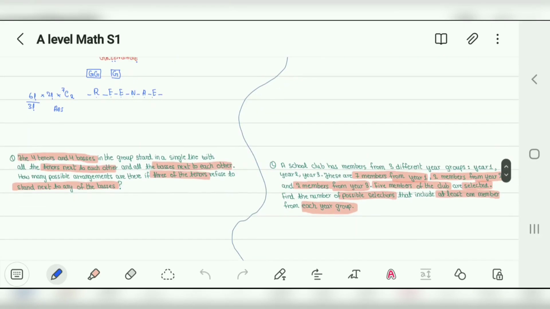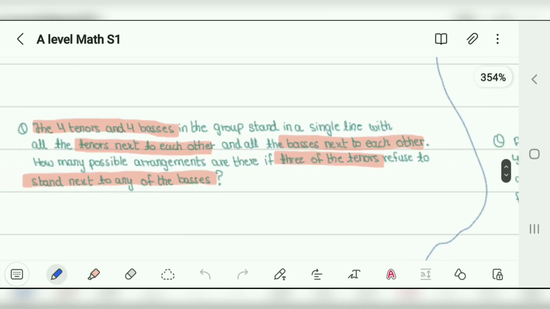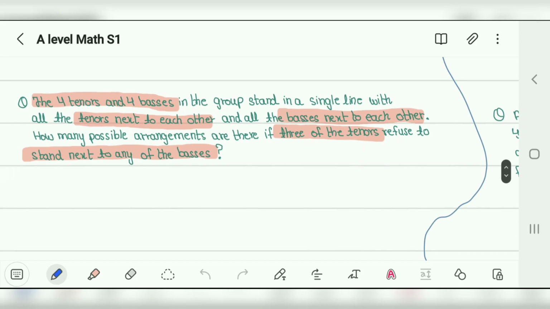Okay, so let's move on to the next question. The 4 tenors and 4 basses in the group stand in a single line with all the tenors next to each other and all the basses next to each other. How many possible arrangements are there if 3 of the tenors refuse to stand next to any of the basses? So there are 4 tenors and 4 basses.